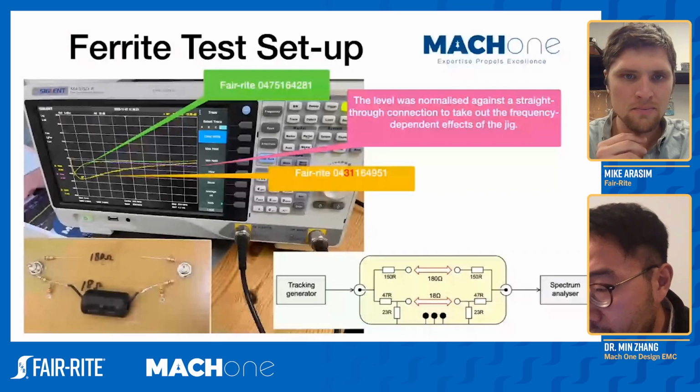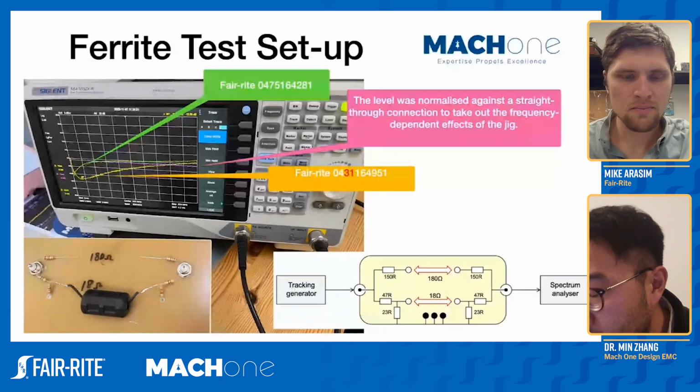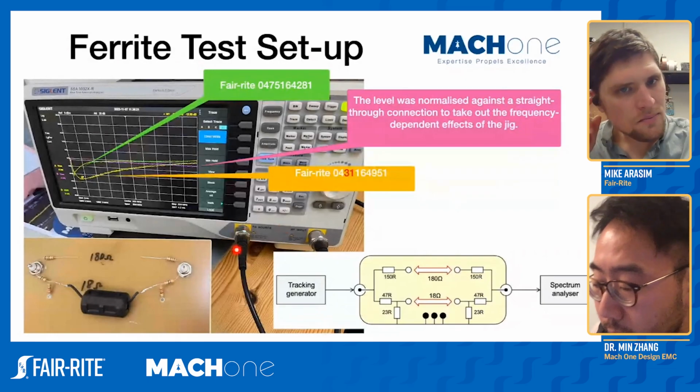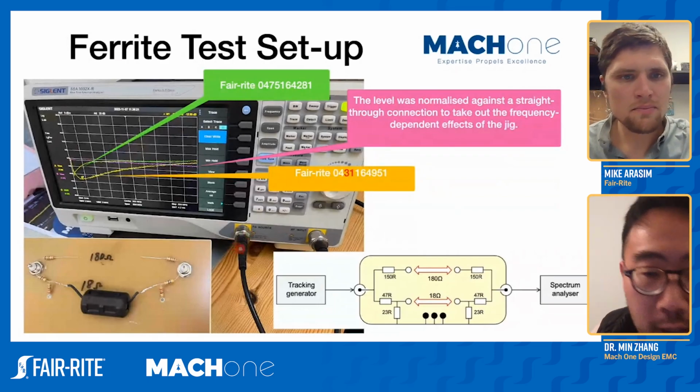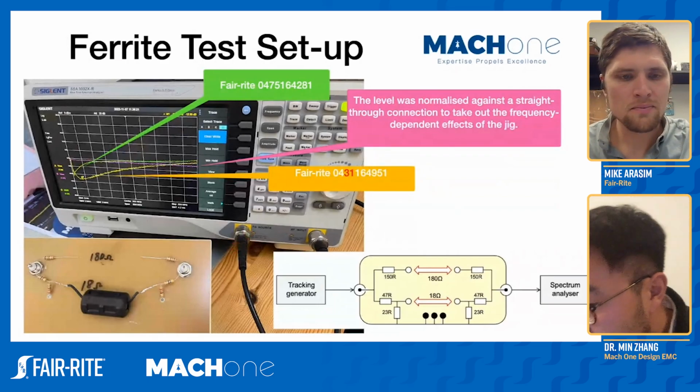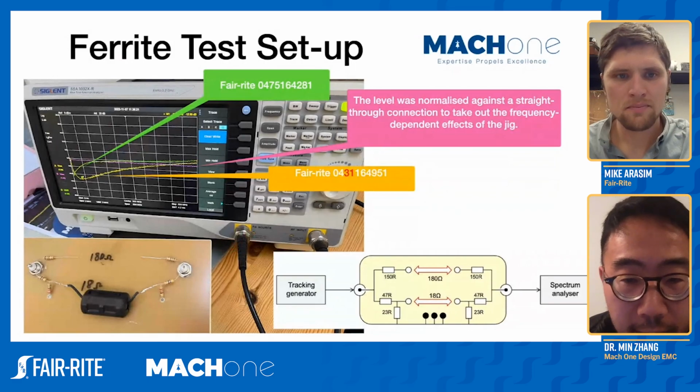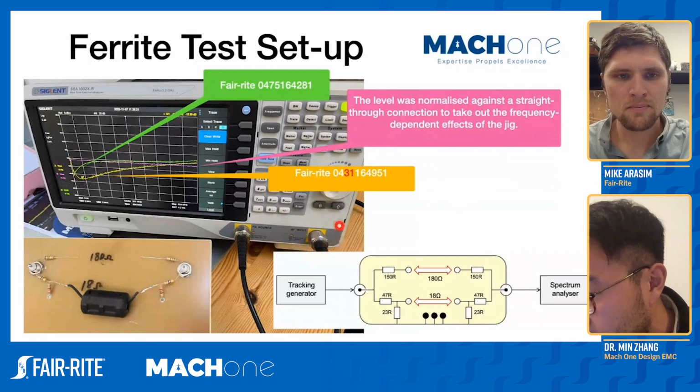As you can see in this setup, we have a spectrum analyzer with a tracking generator function. We're using the tracking generator function as a source, and this source often has a 50 ohm impedance, and the spectrum analyzer also has a 50 ohm input impedance. So we've got 50 ohm and 50 ohm here.